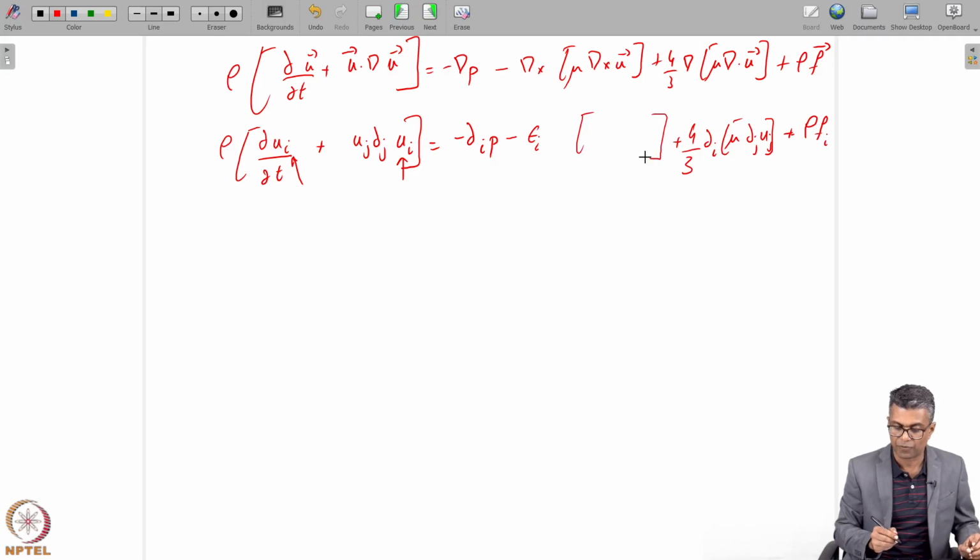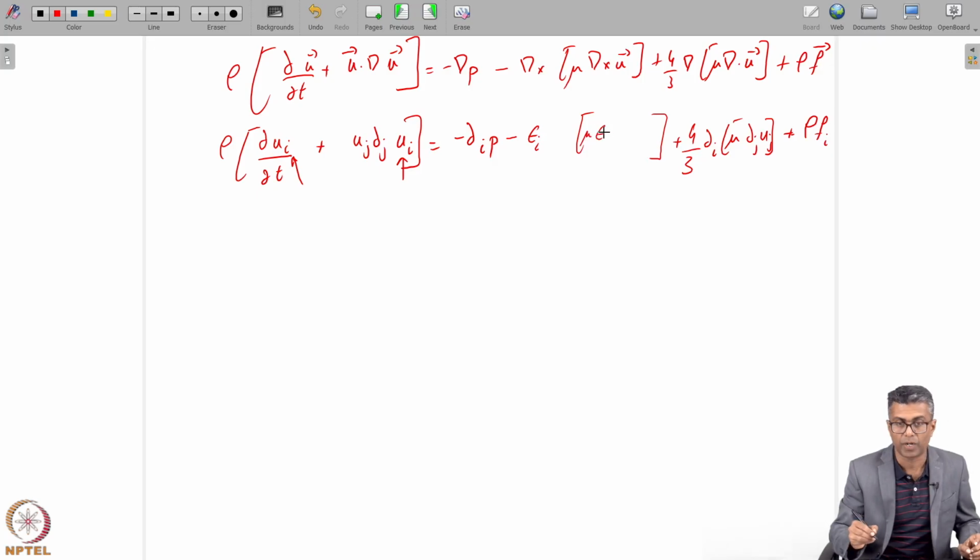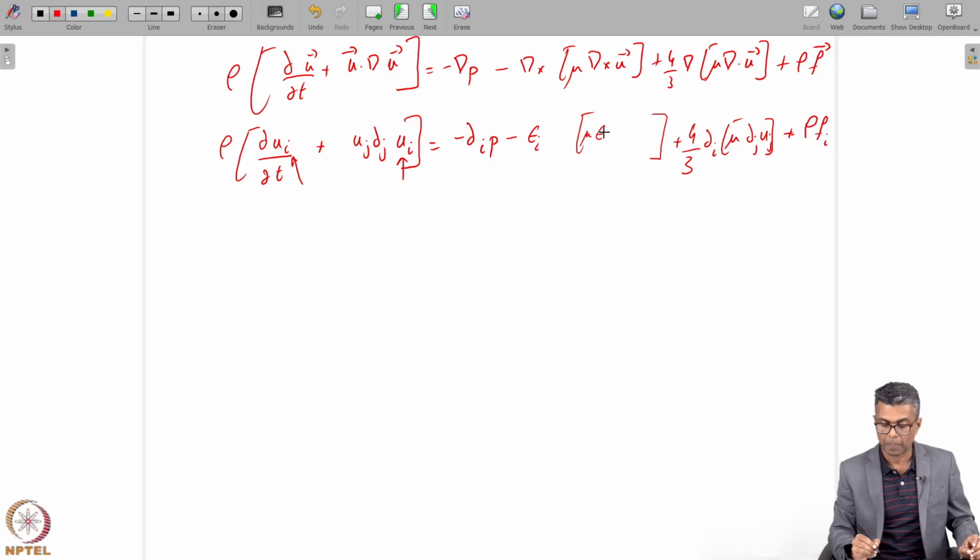I'll do the inside first, and I'll use say two new indices. Because there is a del cross, I will need to bring in an alternating tensor there again.